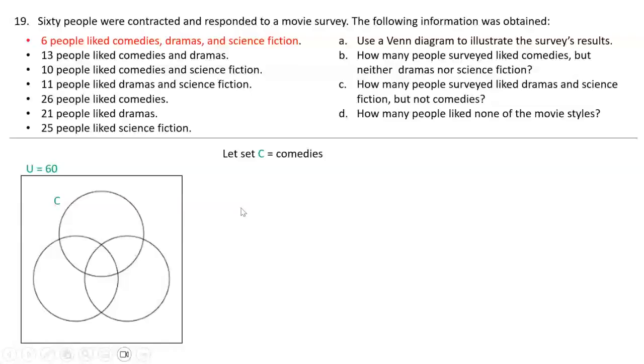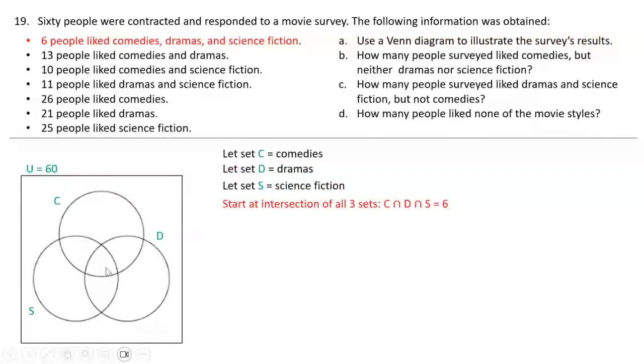This will be the set for C, comedies. And set D stands for dramas. Let's set this one over here on the right be the drama set. And then let S be science fiction, so it'll be this one over here on the left. Now, how we start here, guys, is that we start where all three sets intersect, which is in red. 6 people like comedies, dramas, and science fiction, so it'll be this slot here in the middle.